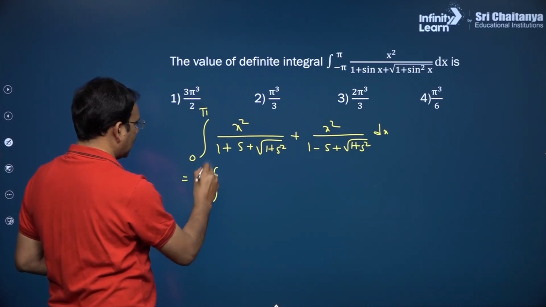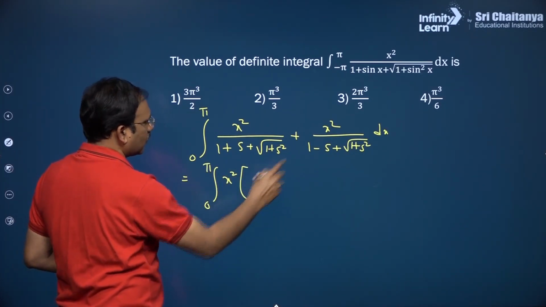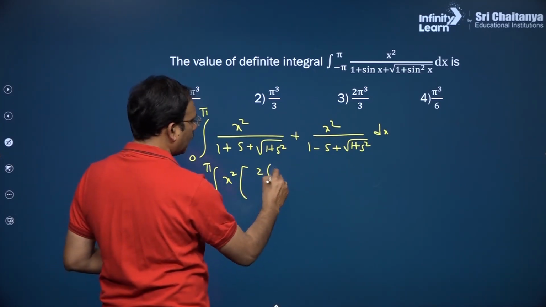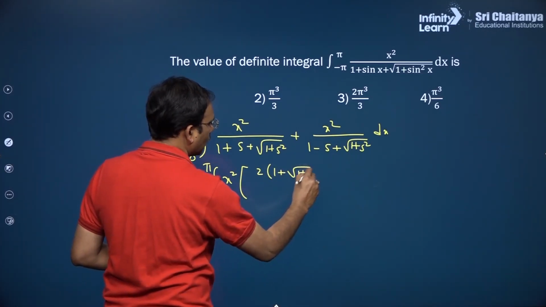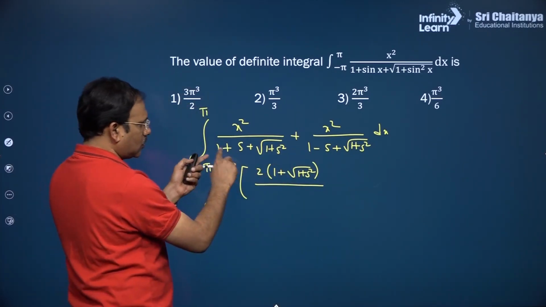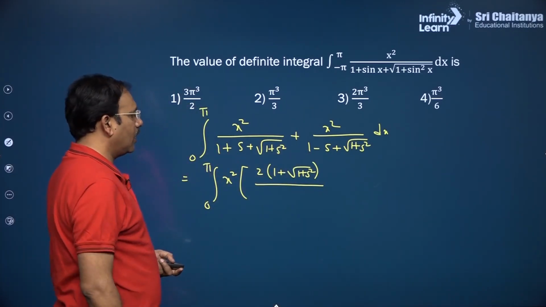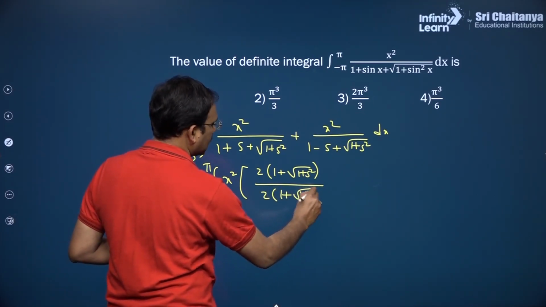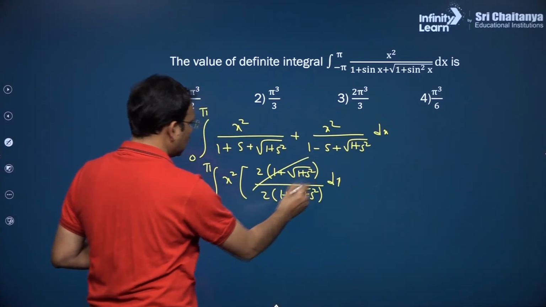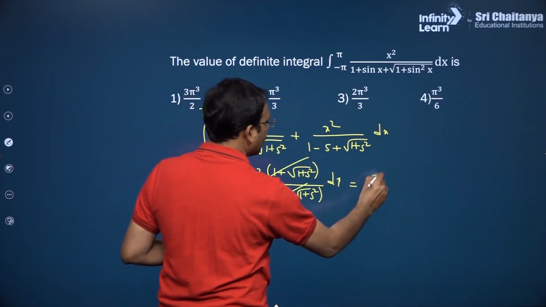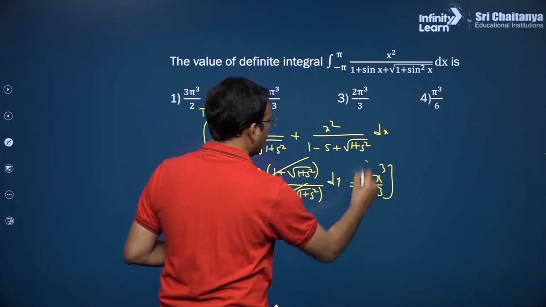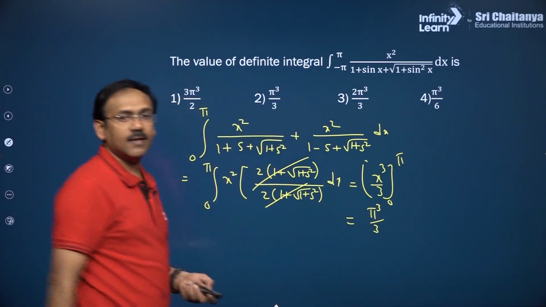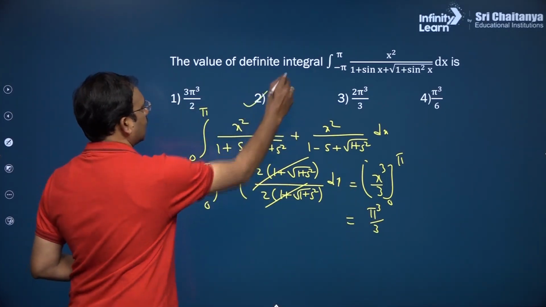So, you can write integral 0 to pi, take x square common, sum of these two is, you can say, twice of 1 plus root of 1 plus sin square x by product of these two, a plus b into a minus b, a square minus b square, you will get twice of 1 plus root of 1 plus sin square x dx you will get. These two get cancelled, my dear friends. X square integral is x cube by 3, between the limits 0 to pi you will get pi cube by 3, my dear friends. It is pi cube by 3. So, this is the answer.